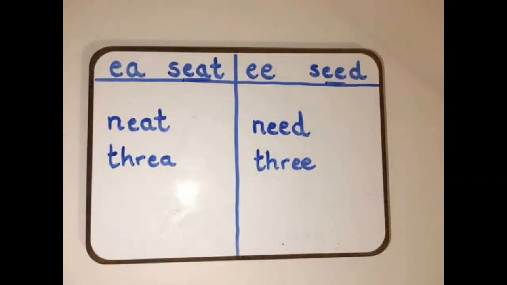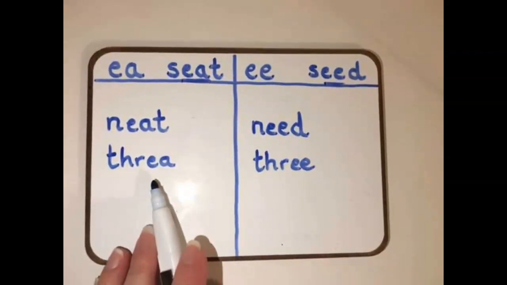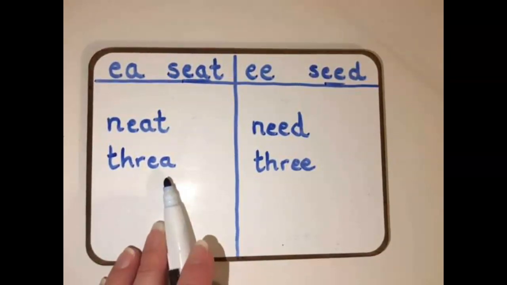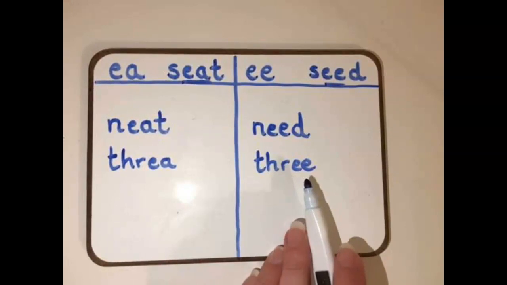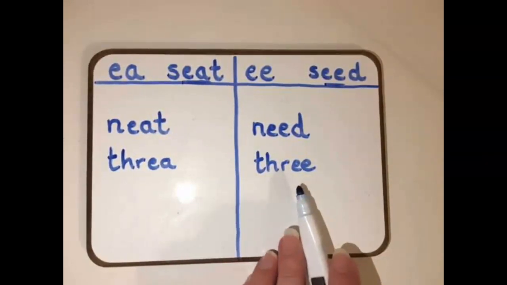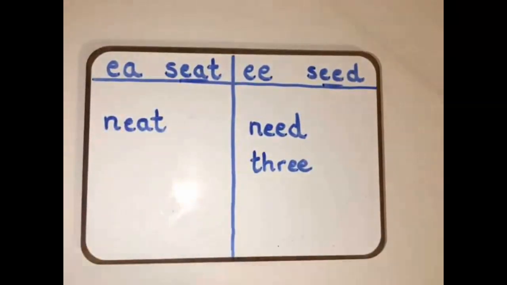Which one looks better to you? EE is correct. EA, it's unusual for a word to end in EA. Okay, it's unusual. So this is probably more likely to be an ending in a word when you have E at the end. Three. So this is the correct spelling. So we'll take this one off.